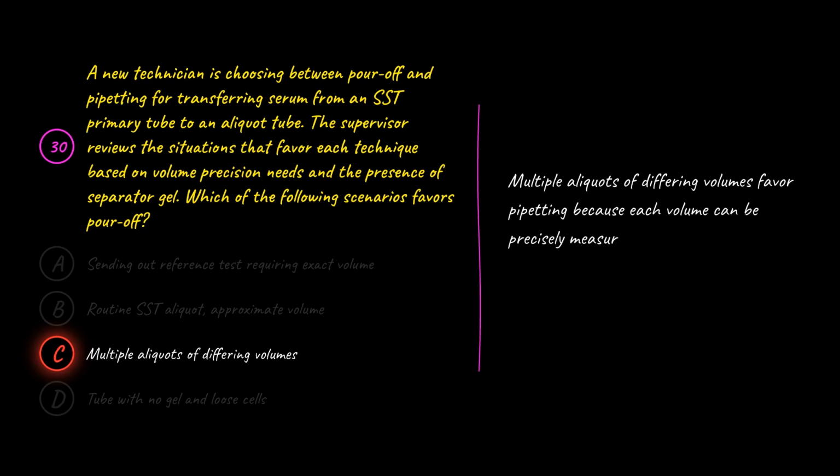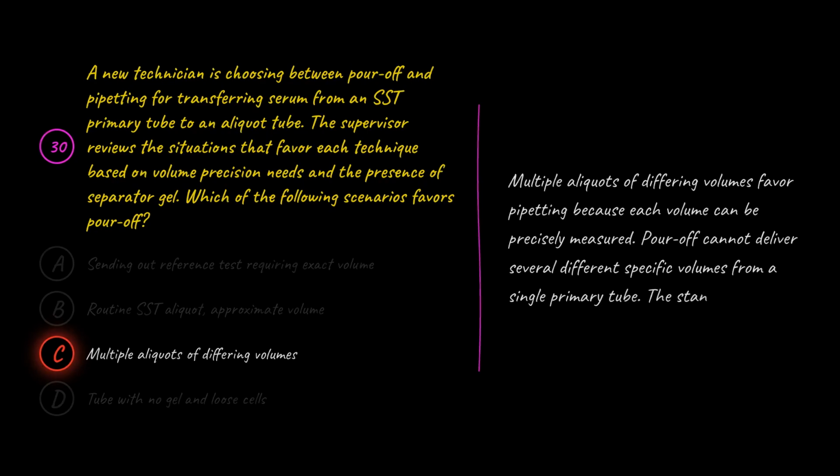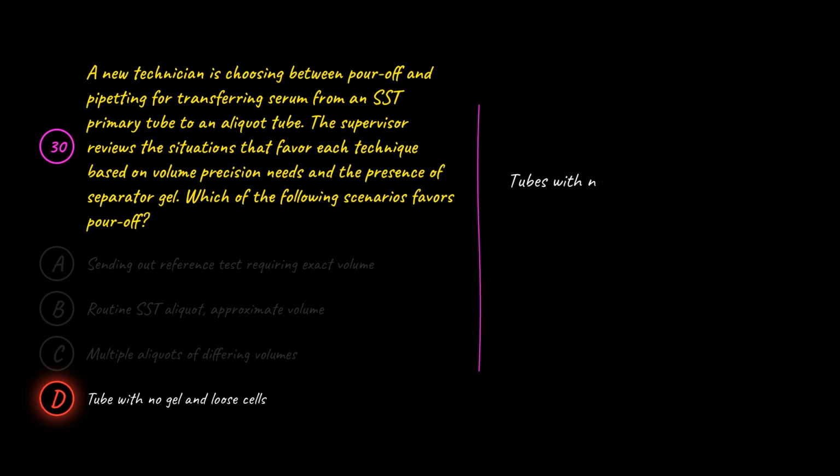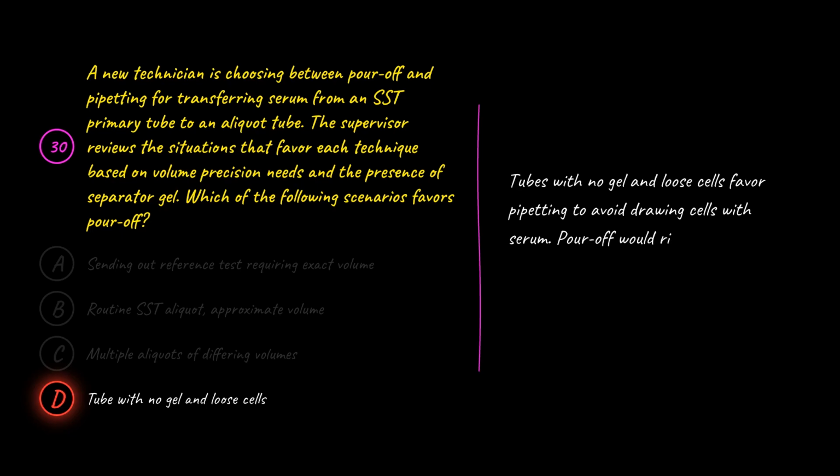Pour-off cannot deliver several different specific volumes from a single primary tube. The standard reflects current practice in routine clinical phlebotomy. D is wrong because tubes with no gel and loose cells favor pipetting to avoid drawing cells with serum. Pour-off would risk transferring cells during the gravity tilt, distorting downstream chemistry results.